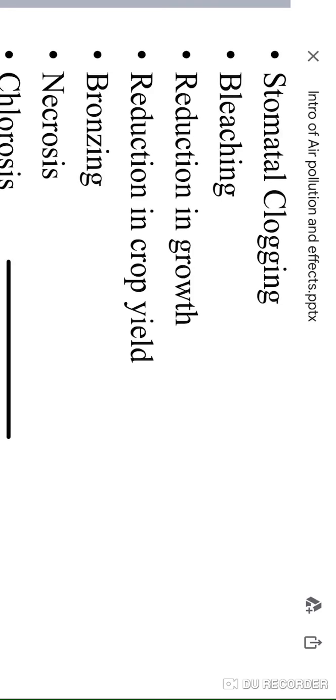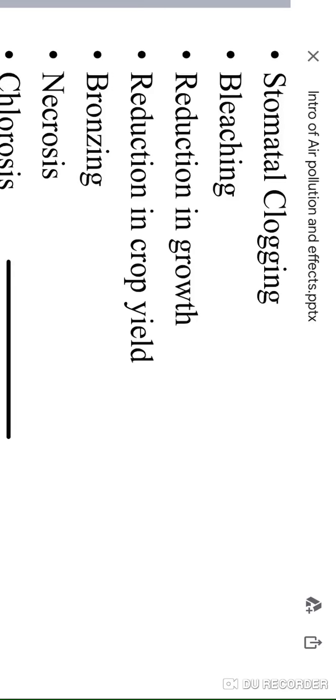When the leaf surface gets covered with dust particles, the pores of the plants get blocked and there will not be a respiration process, and because of that stomatal clogging starts. Ultimately it will reduce growth and finally we will get less yield from that particular crop.